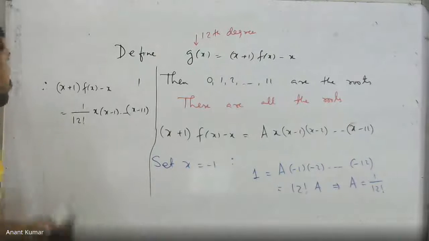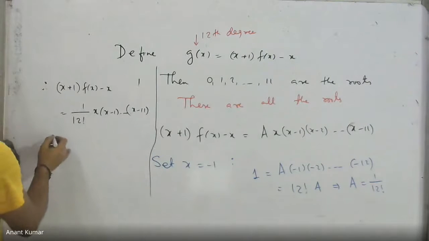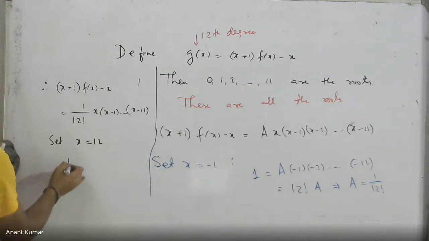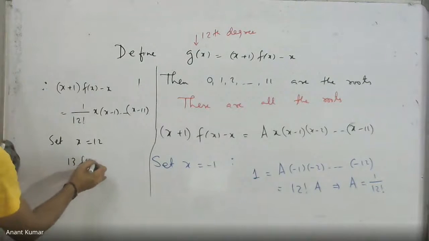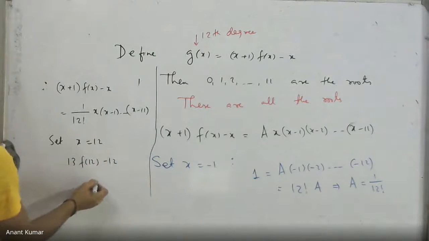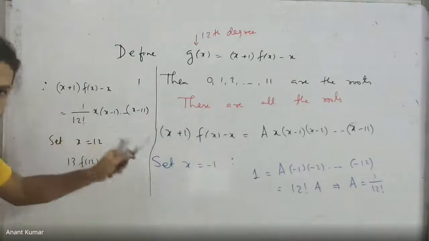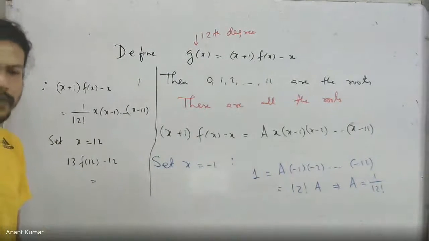Now, because I wanted the value of f(12), I'll put x equal to 12 in this expression. I get 13 into (f(12) - 12) equal to, what about the right side? I notice that this becomes 12 into 11 into 10 dot dot dot till 1, so again 12 factorial.